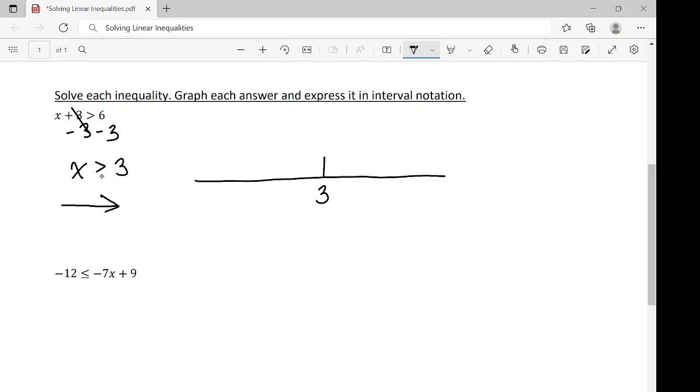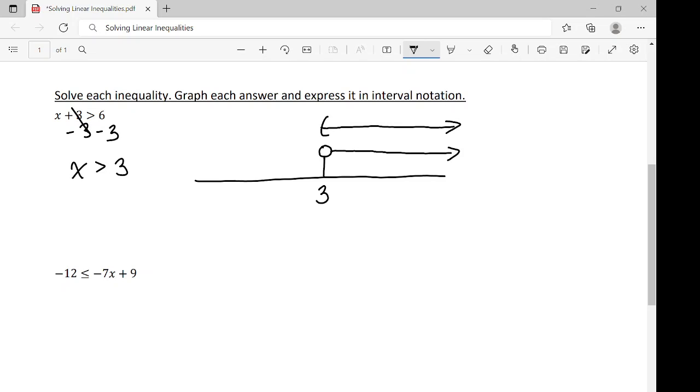Since it is not equal to, we're going to use an open circle going to the right, or if you want, a parentheses going to the right. Either one will give you the exact same answer, but some prefer an open circle, others prefer a parentheses. It all depends on what's asked, but they are both telling you the exact same thing.